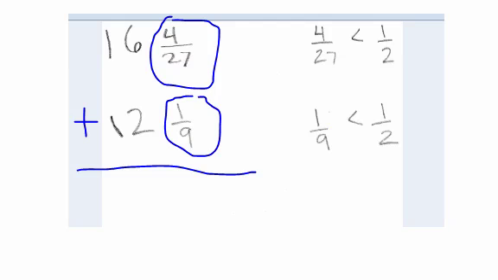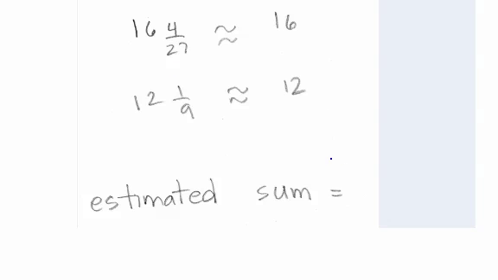So our estimated sum would be the sum of the whole numbers. 16 plus 12 would be 28. That would be our estimated sum.